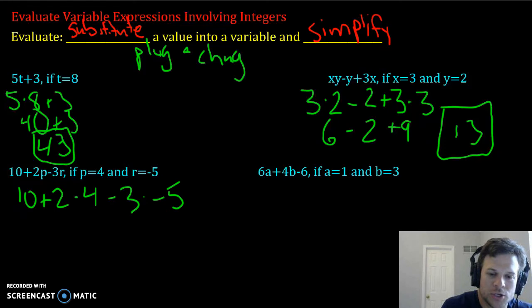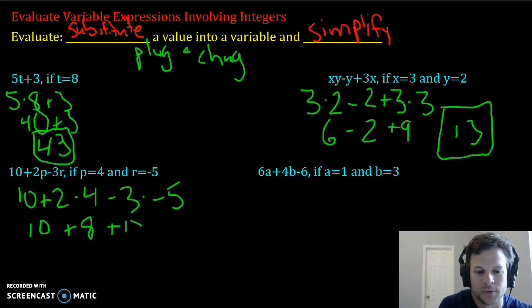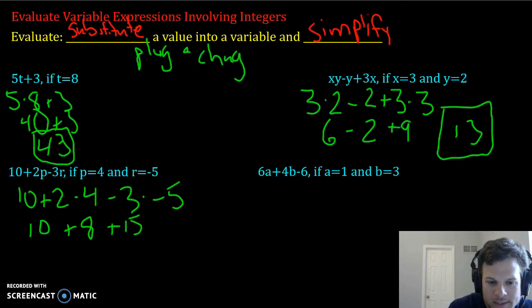We've got multiplication and addition, so we're going to do multiplication first. 2 times 4 is 8. Negative 3 times negative 5, they're both the same sign, so our answer is going to be positive. 3 times 5 is 15. 10 and 8 is 18. 18 and 15 is 33.